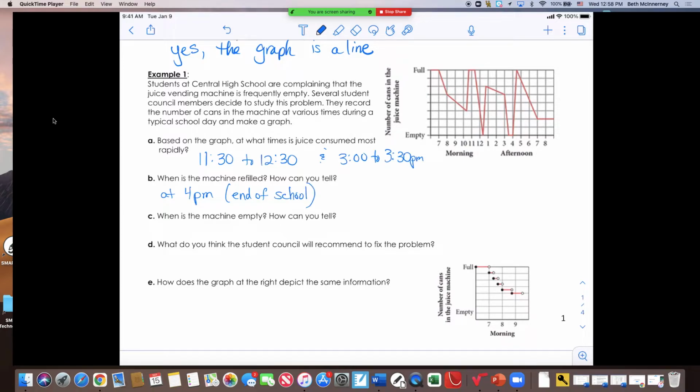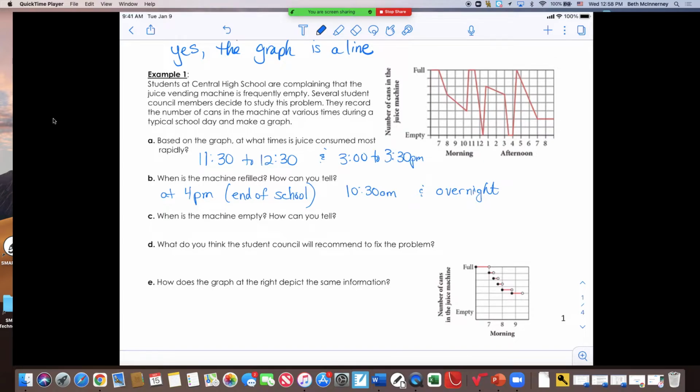All right, isn't it refilled a few other times? Didn't we say it got filled at 10:30? And isn't it also happening a third time? Yeah, sometime overnight, right?